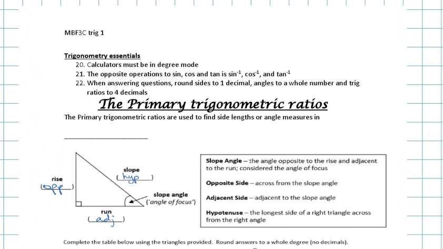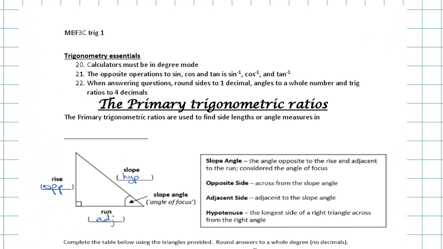We all see that? The sine inverse, cos inverse, and tan inverse. These are the ones that you're going to be using when you're finding the angles. So whenever you're finding the angles, you're going to have to use sine inverse, cos inverse, and tan inverse.